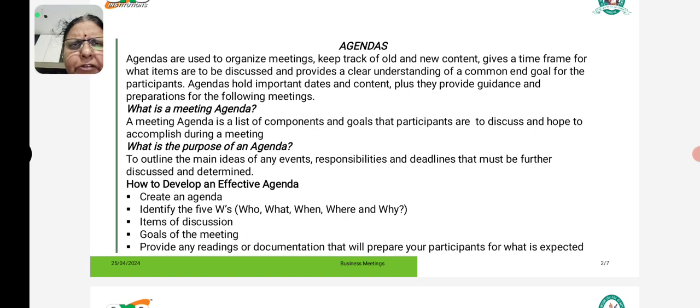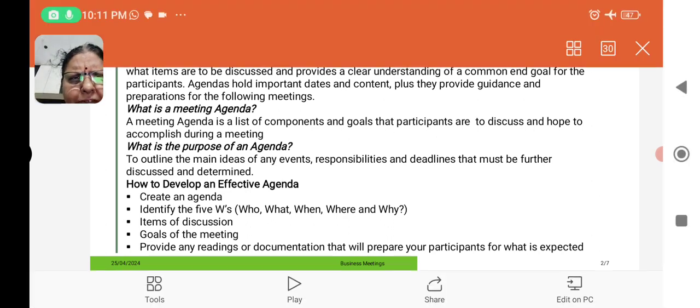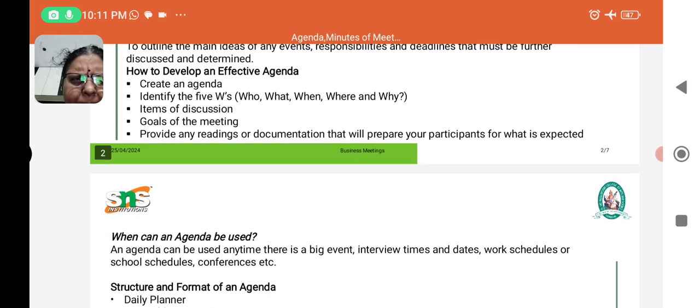So how to develop an effective agenda? You have to create an agenda. You have to identify the 5 W's: who, what, when, where and why, items and discussions, goals of the meeting, and provide any readings or documentation that will prepare the participants for what is expected.